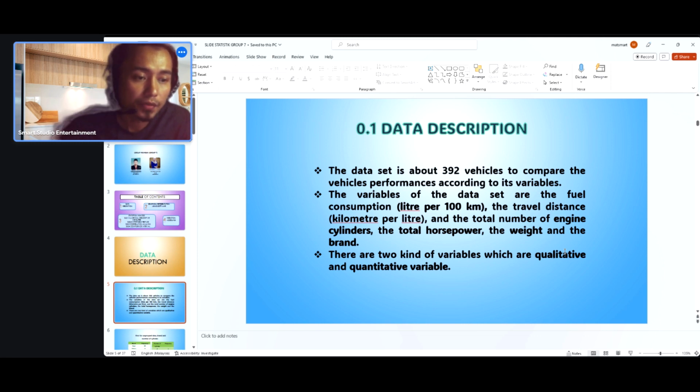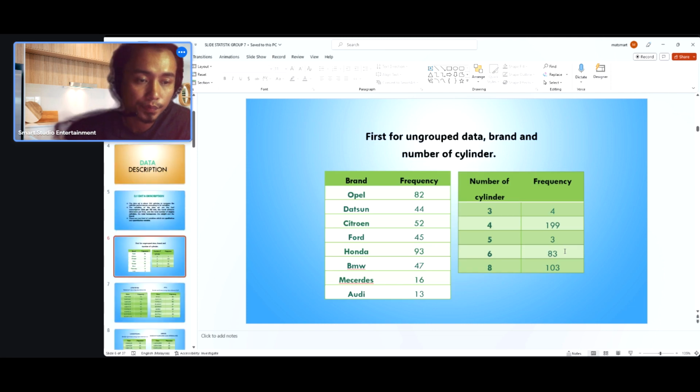The variables of the data set are fuel consumption in liters per 100 kilometers, the travel distance in kilometers per liter, the total number of engine cylinders, the total horsepower, the weight, and the brands. There are two kinds of variables, qualitative and quantitative.